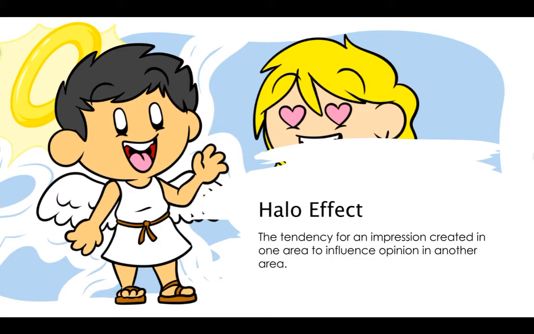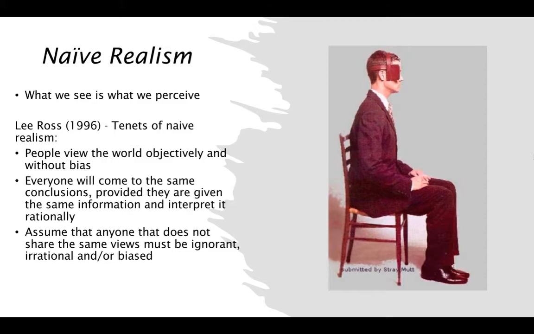so moving on. Philosophers from ancient times have spent a lot of time pondering and trying to understand our thought processes. You may be familiar with sayings such as, I think, therefore I am, and what I see is what I perceive. And that is what naive realism is claiming. Okay, the second one, what I see is what I perceive.